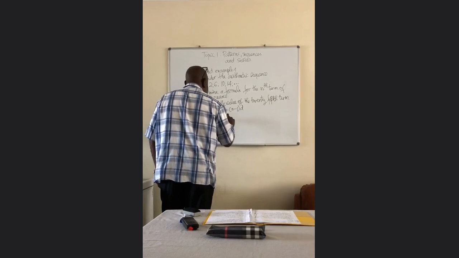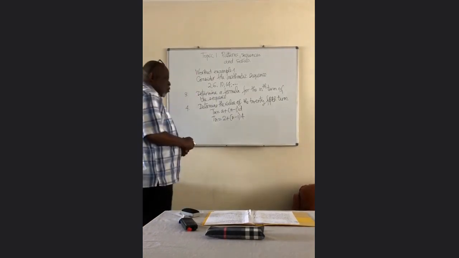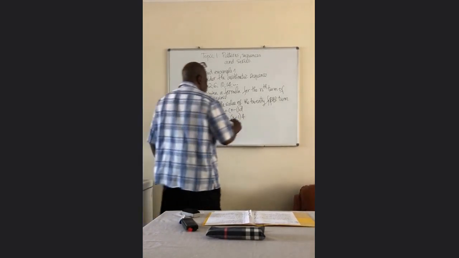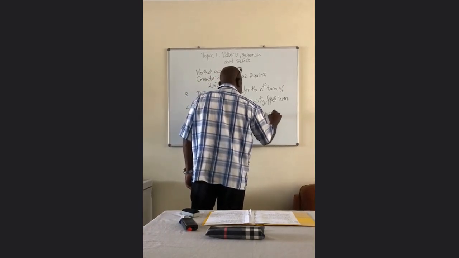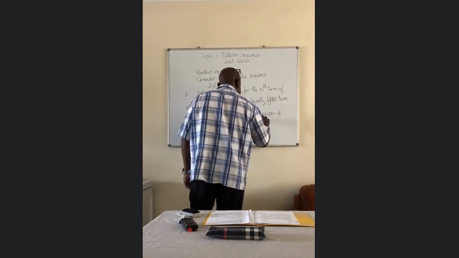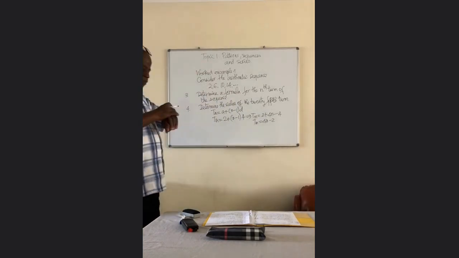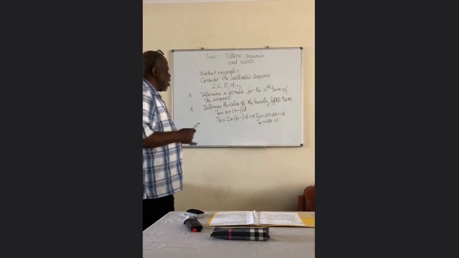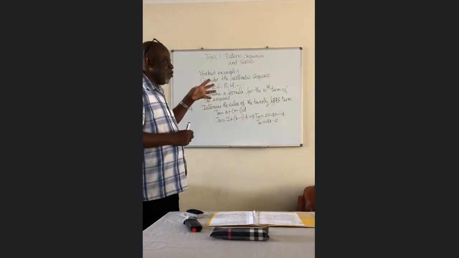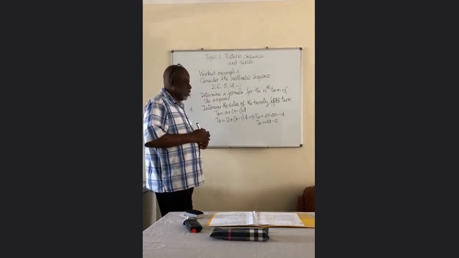The general term will be equal to 2 plus n minus 1 times 4. This being an easy calculation, Tn will be equal to 2 plus 4n minus 4, so our general term will be 4n minus 2. As you can see, when you have your first term and know your common difference, the general term is easy to get.